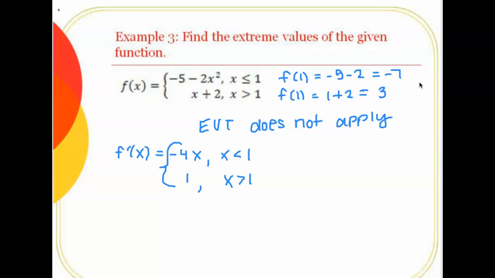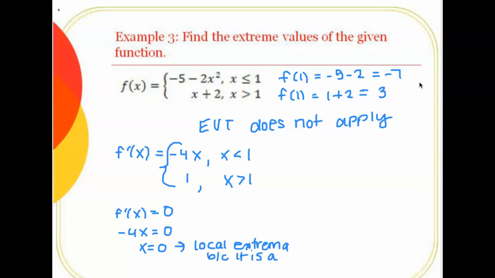So again, what you would notice is that the derivatives don't match up, their slopes don't match. And if f prime of x were to equal 0, that only occurs for the top equation, and that occurs at x equals 0. So again, x equals 0 can be a local extrema because it is a critical point.